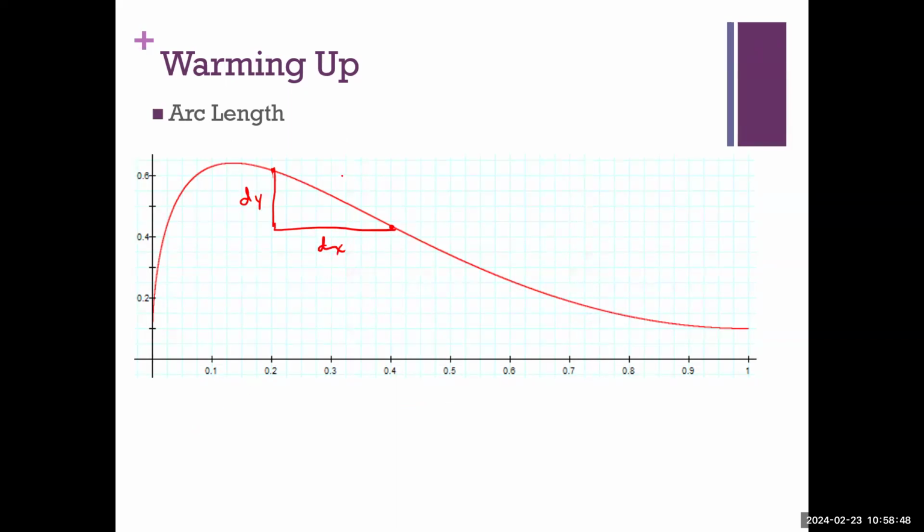And let's call this distance right here s. From the Pythagorean theorem, we get s squared equals dy squared plus dx squared, or from there, s equals the square root of dy squared plus dx squared.